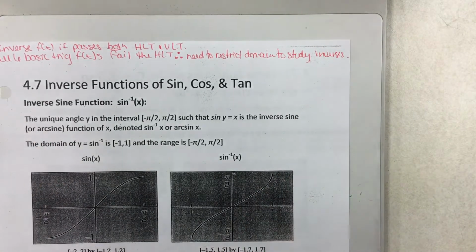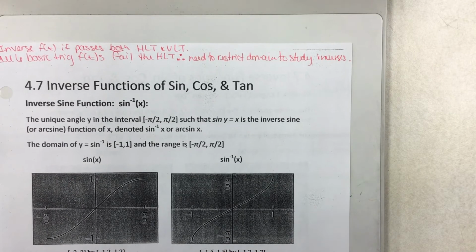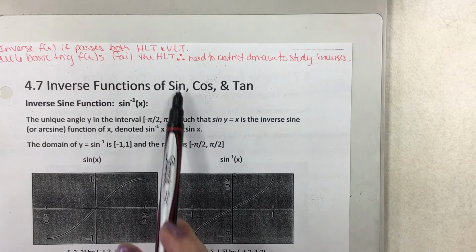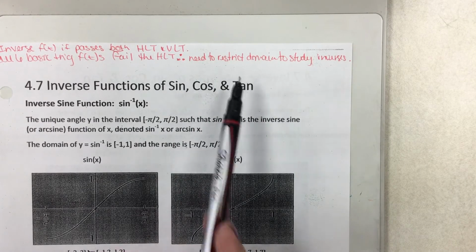Okay, we need to restrict our domain in order to study the inverses of the 6 trig functions. Now in here, we're only going to be doing sine, cosine, tangent, okay? So it's that restricting and that reshaping of our functions, so to speak, that can cause some confusion. And that's our problem right there, okay?